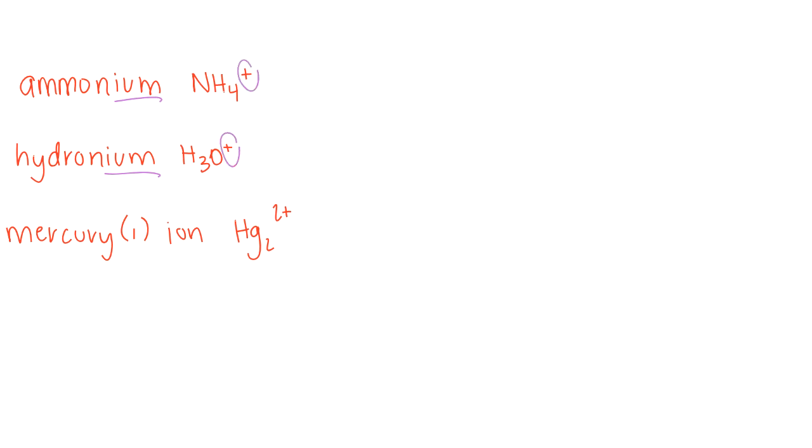And then for mercury(I) ion, it's the only one that we have that is a 2+. Now remember, mercury is a transition metal. So that's why we have to write mercury(I) with the I in parentheses. If you don't write the I, it's not correct. And again, it's polyatomic because it has 2 atoms. They're the same element, but it's more than 1 atom.